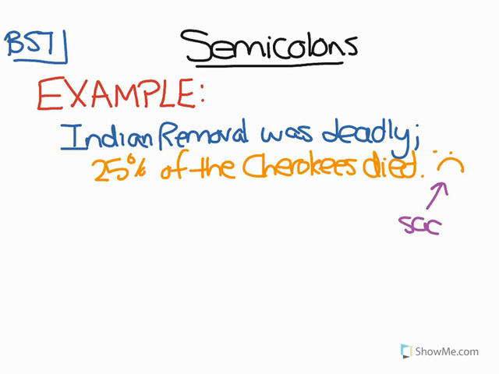This is a sad face, not a piece of punctuation. So we see that we have two independent clauses. We have Indian removal was deadly, and we have 25% of the Cherokees died. And they're related. Indian removal and the Cherokees.